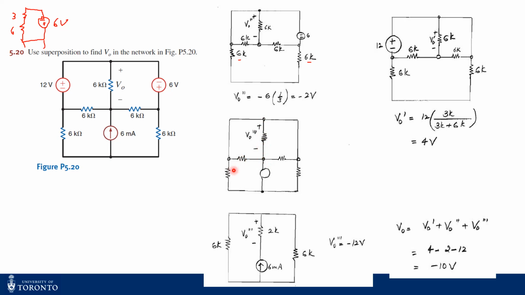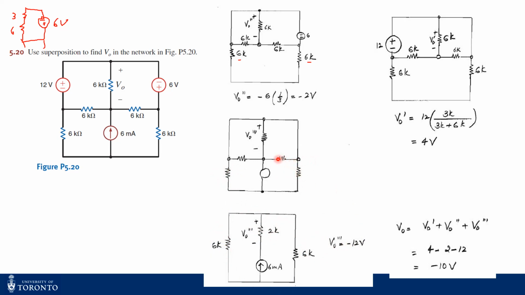The other way is that you can combine these three 6 kilo ohm resistances. So it should become 2 kilo ohms resistance as shown here, and the equivalent circuit is this one. And this 6 kilo ohm resistance is from this one, and this 6 kilo ohm resistance is from this one.